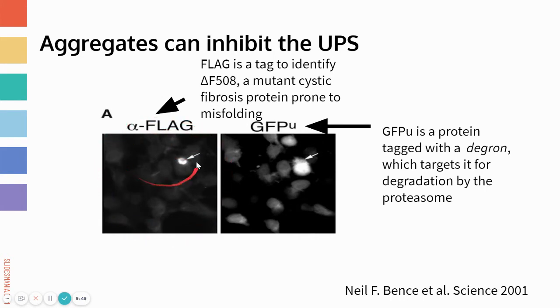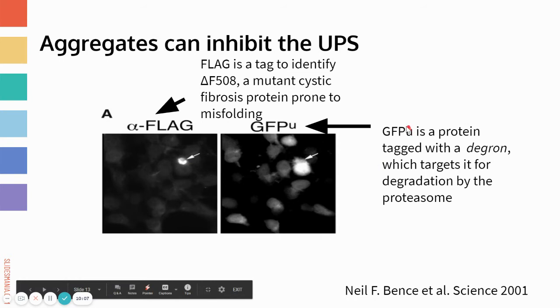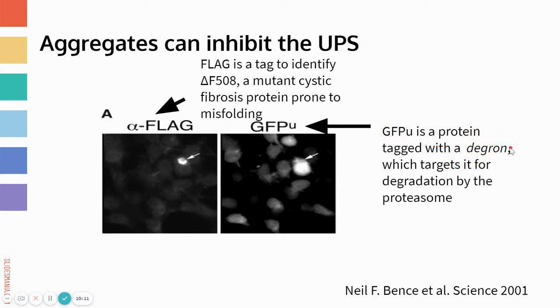In this exact same group of cells, there's another molecule being expressed. They've also expressed GFPu. This is GFP, which is green fluorescent protein, and it's just in black and white here. It's green fluorescent protein that's been tagged with a degron. That's the exact same molecule that I was just talking about in the last slide, this fake ubiquitin chain that should still send whatever it's attached to the proteasome.